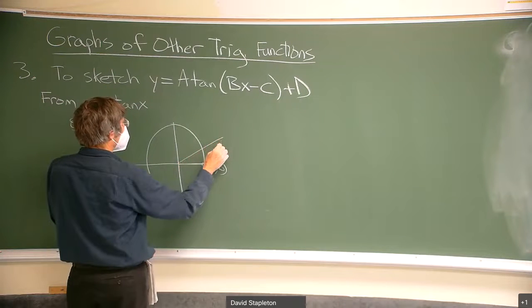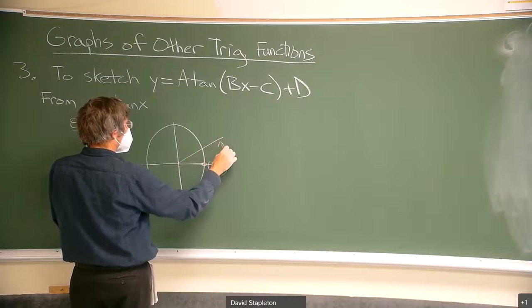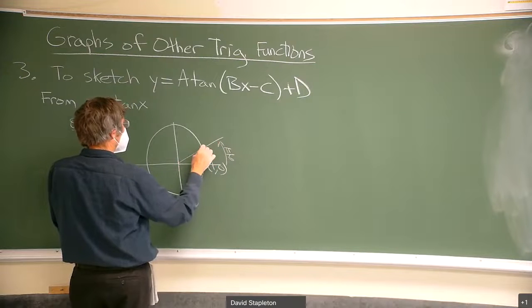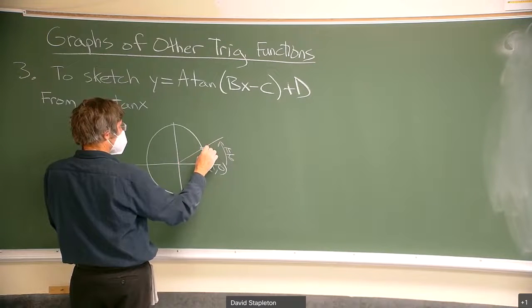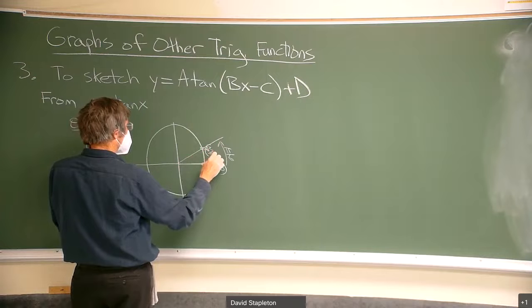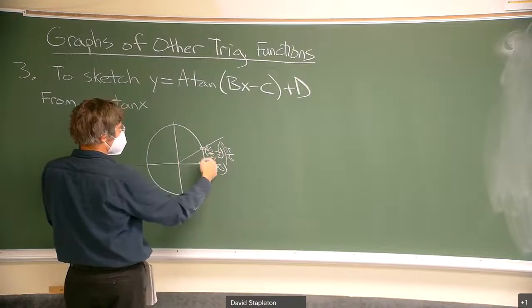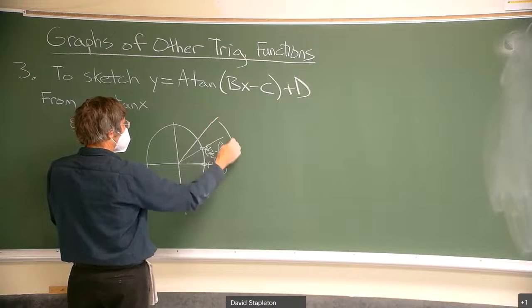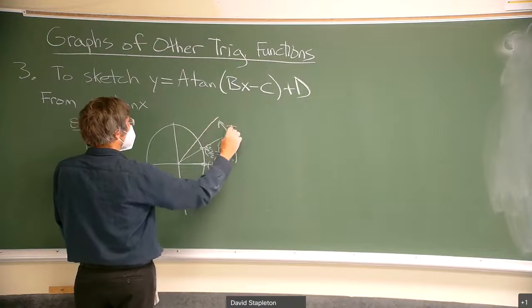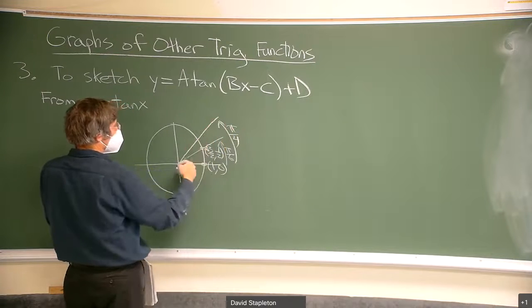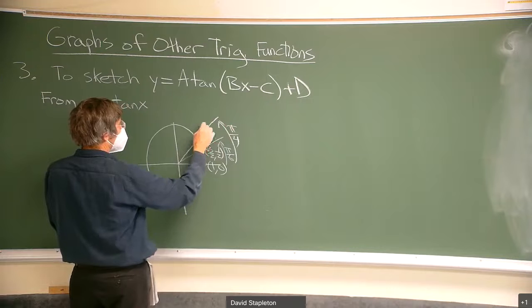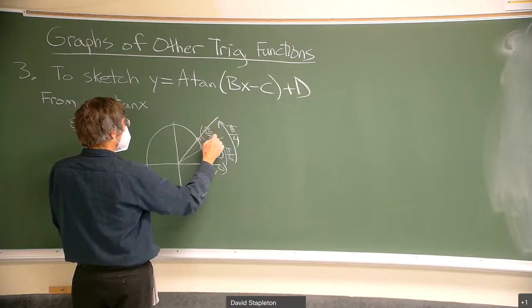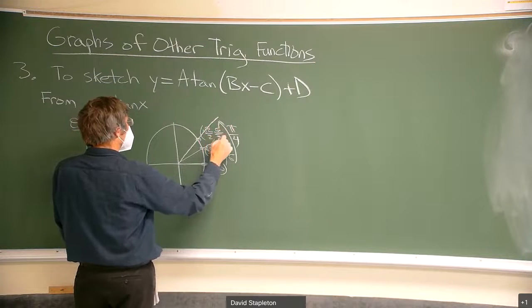The point at pi over 6 radians went through square root 3 over 2, 1/2, because you can drop the perpendicular and make a 30, 60, 90 triangle. The point at pi over 4 radians, we recall, we dropped the perpendicular and got a 45, 45, 90 triangle. So this went through the point square root 2 over 2, square root 2 over 2.